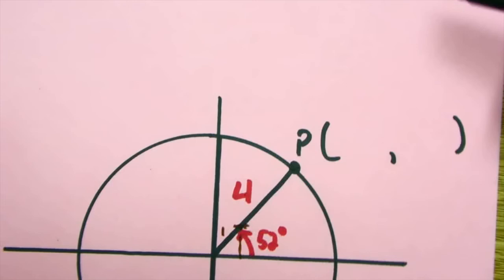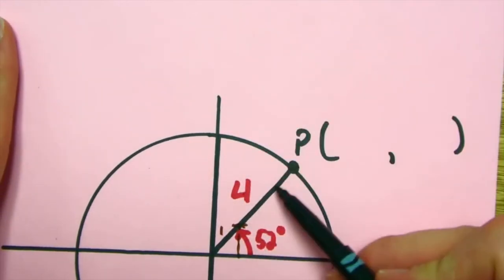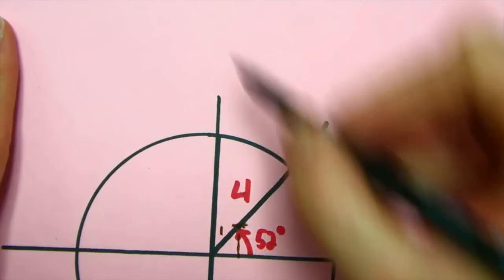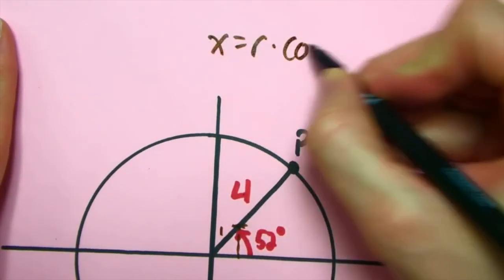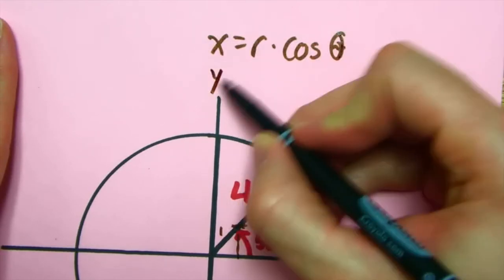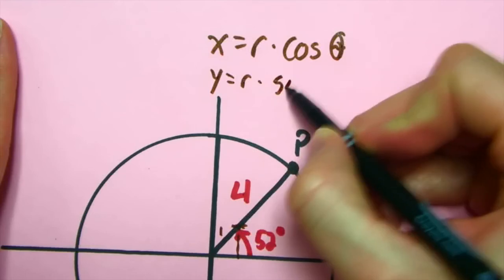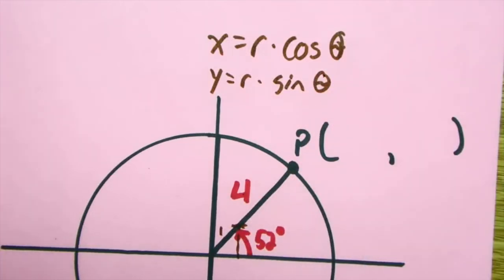So bottom line here, in order to find the coordinates of a point that's on a circle with a radius that's not 1, it's something else, then you just take x to be r times whatever cosine of your angle is, and y is r times sine of whatever your angle is. All right, and that's pretty awesome.